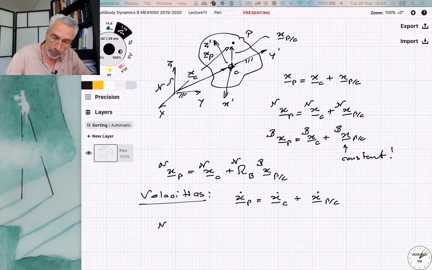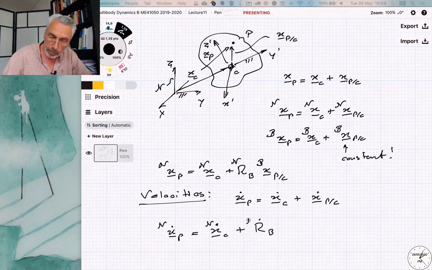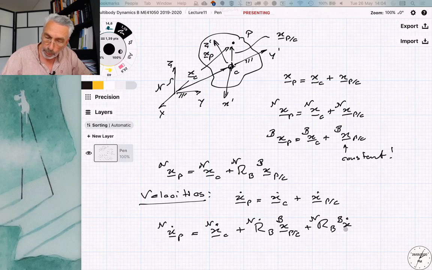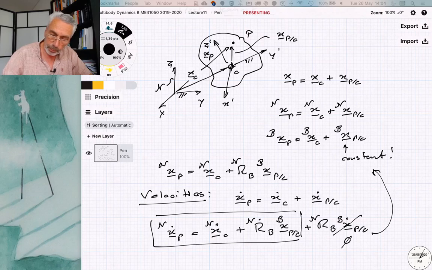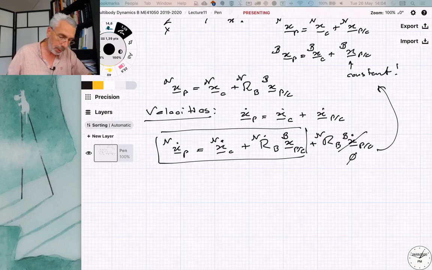I want my velocity in the inertial frame. It is the velocity of point C in the inertial frame plus, now I have two parts here, so I have to do first R dot times this vector, which is a constant, remember, plus R_BN times the time derivative of this vector. But as you know, this is of course 0, because these components in the body are constant. So then we end up with this equation for the velocities. This is the velocity equation.